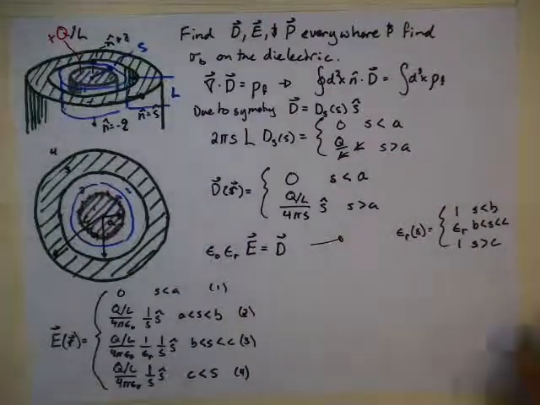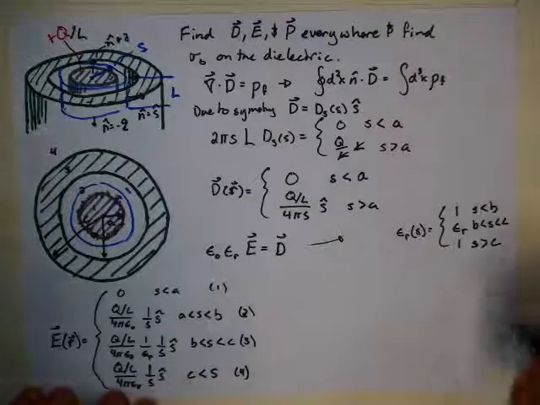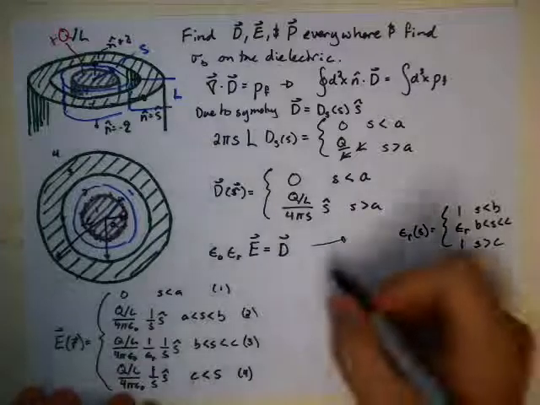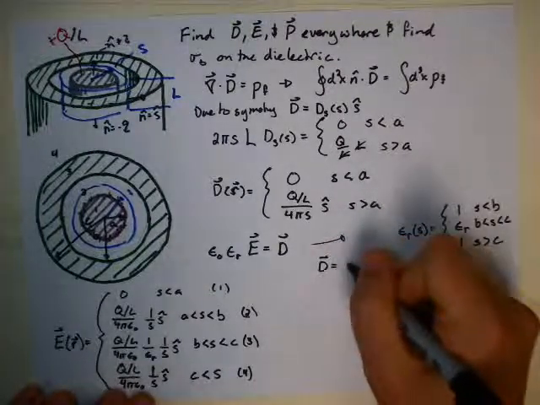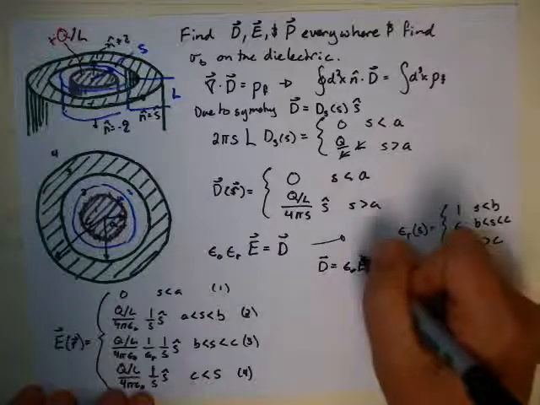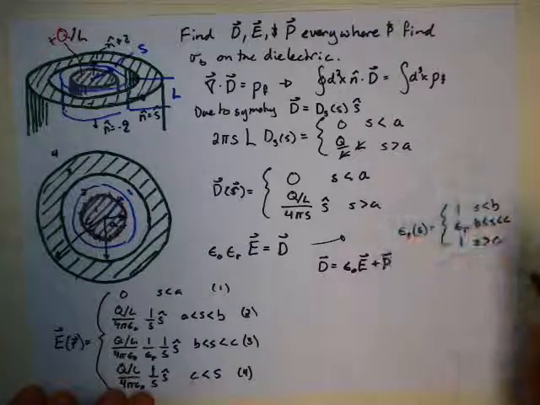To find the polarization everywhere, we're going to use the other equation that we haven't written down here that also relates D and E, and that is D is epsilon naught E plus the polarization.